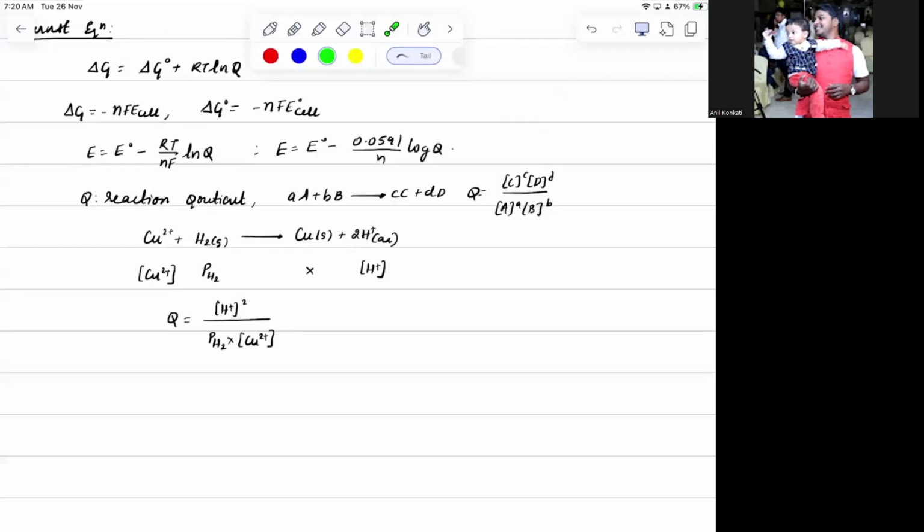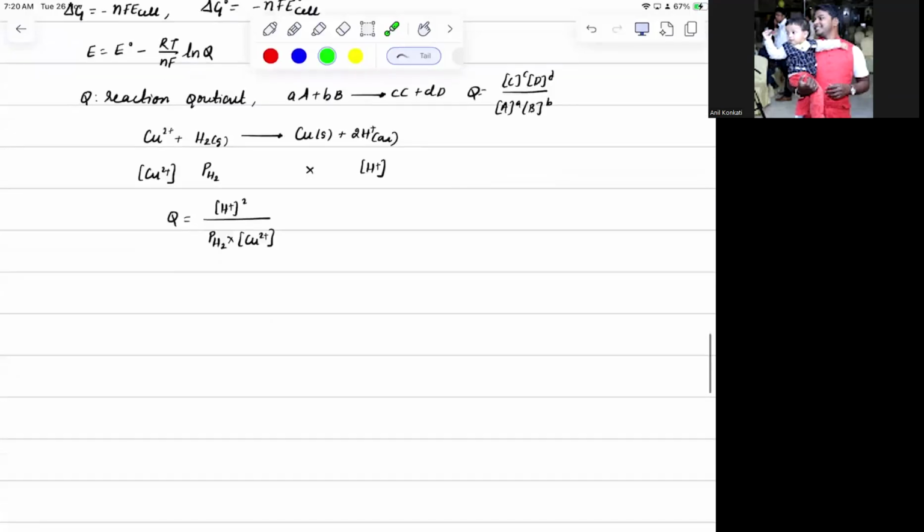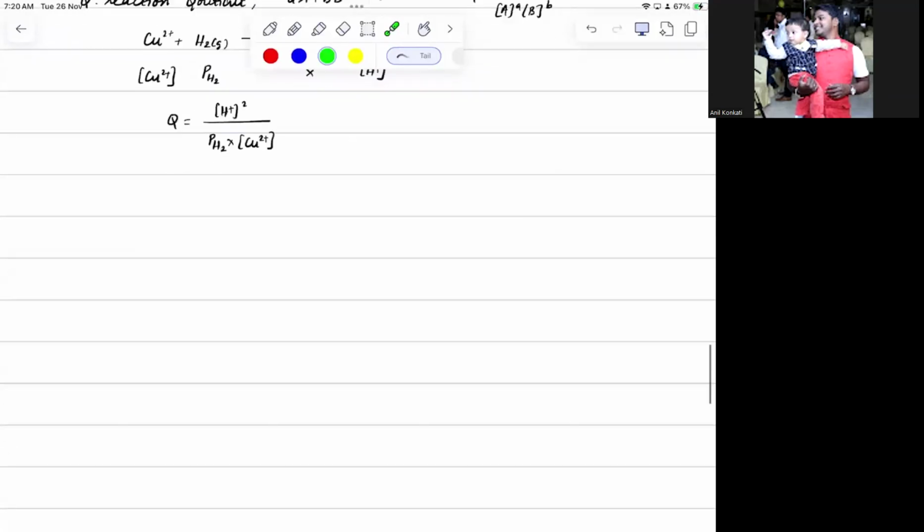So the Nernst equation mainly represents how to relate the electrode potential at various concentrations. Got it? So typically, if the half cell is given, let's say I told you the reduction half cell of hydrogen, then how do we represent E of H plus to H2?